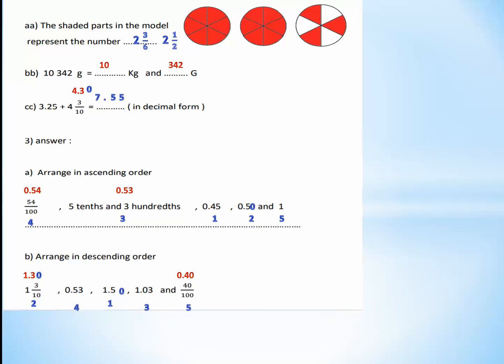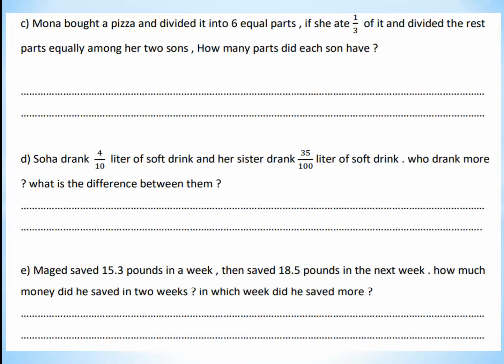Mona bought a pizza and divided it into 6 equal parts. If she ate 1 over 3 of it and divided the rest of the parts equally among her 2 sons, how many parts did each son have? Okay, she ate 1 over 3 times 6.